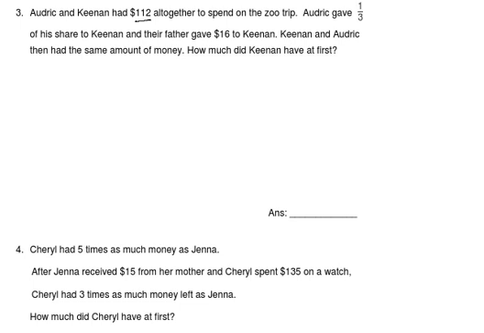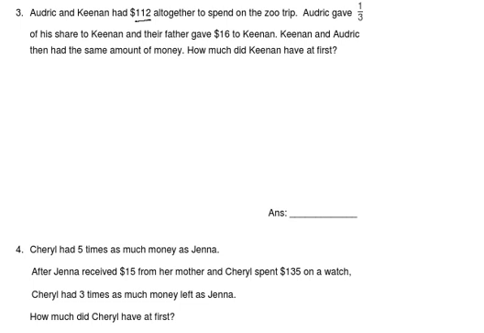Okay? So now, their father gave $16 to Keenan. So from the 112, now I have something from an external source coming in. So, 112, I will add $16, I'll get $128.